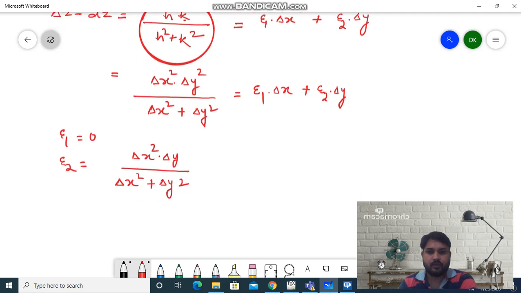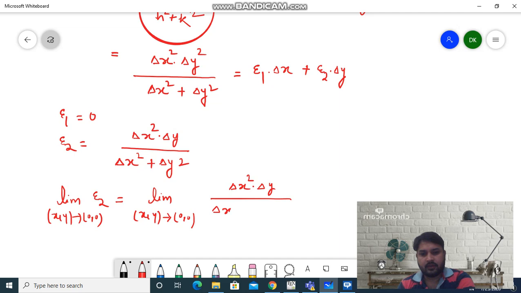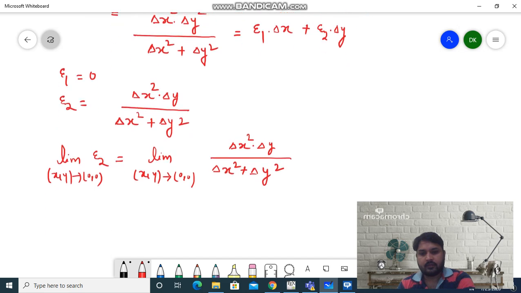Now we will check the limit of epsilon 2 at the point (0,0), that is the limit as (x,y) tends to (0,0) of delta x squared into delta y upon delta x squared plus delta y squared. We will check that its limit is equal to 0.